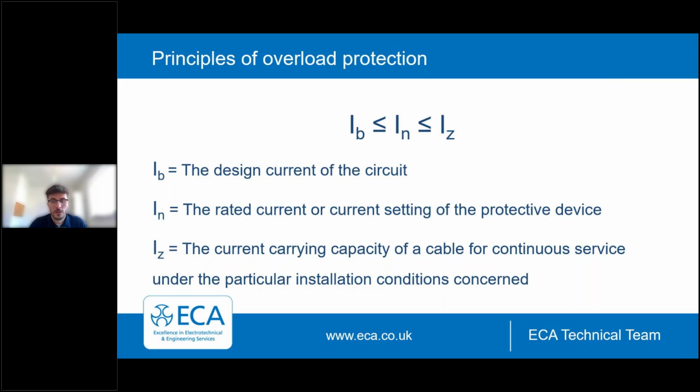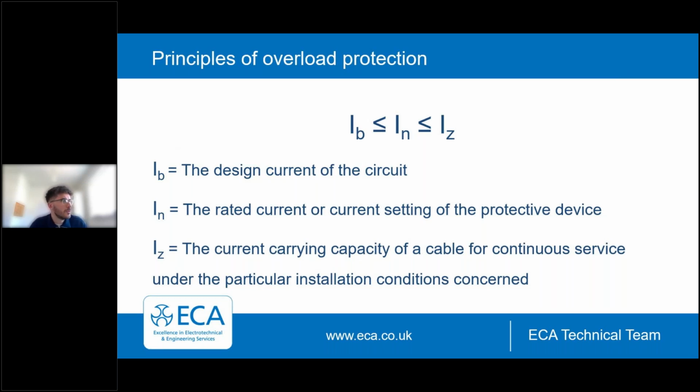The level of current that's going to run within the circuit in its normal operation should be less than or equal to the rating of the protective device, and that of course would prevent the protective device becoming overloaded and potentially activating and disconnecting in its normal operation.